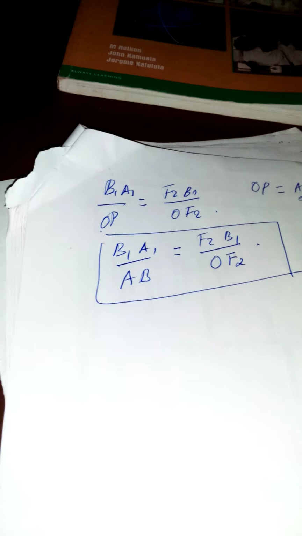It means that where OP is, we are going to substitute AB. So B1A1 over AB is equal to F2B1 over OF2. So this equation number 2, we are going to compare with equation number 1.